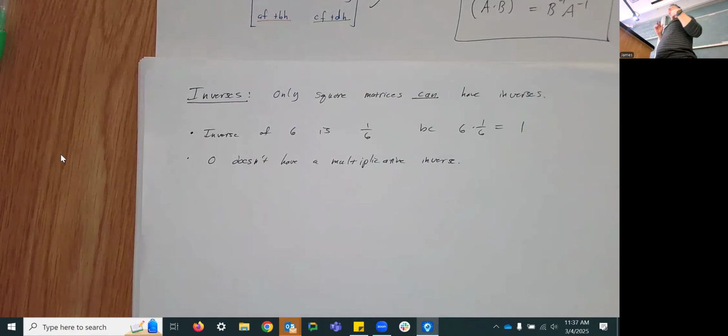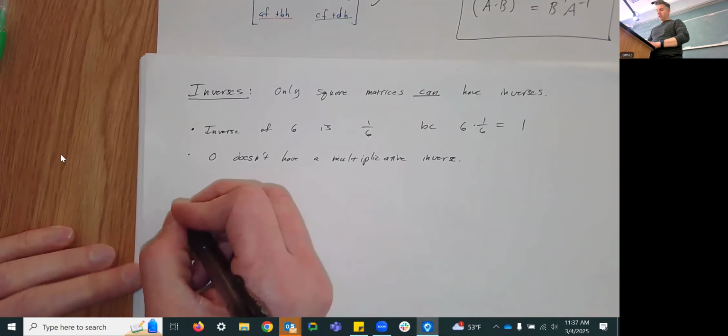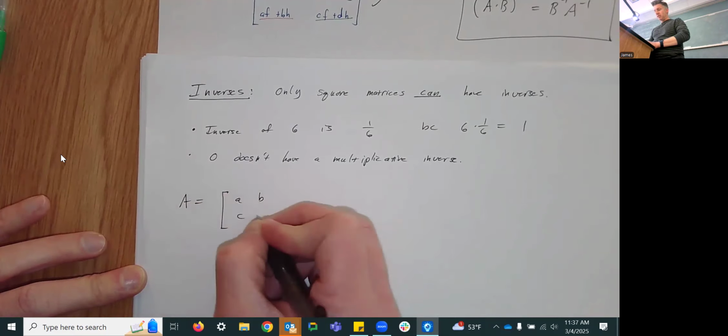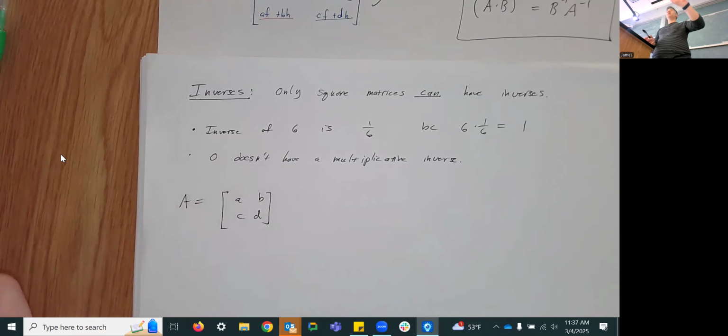Well, matrices have a similar property that some matrices have a multiplicative inverse if they're square and meet another criteria. So here's the deal. For A equal to A, B, C, D, I'll point out that every matrix, square or not, has an additive inverse.